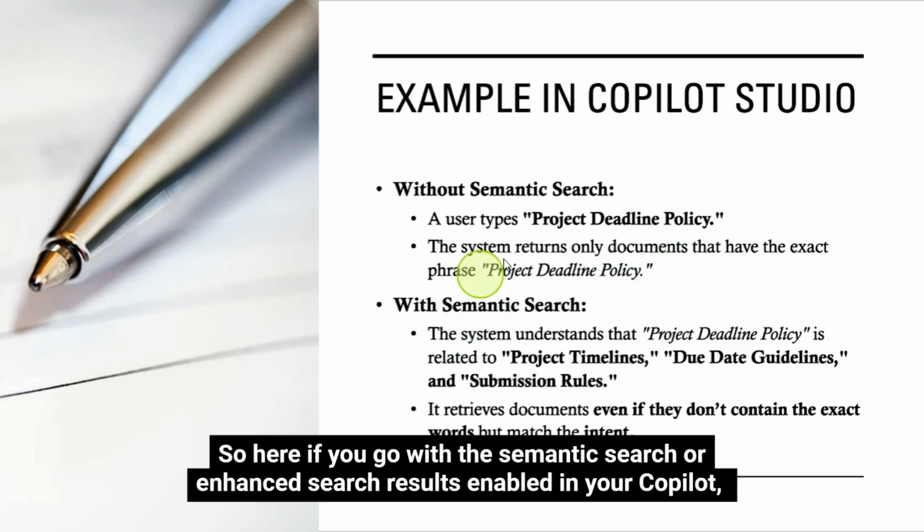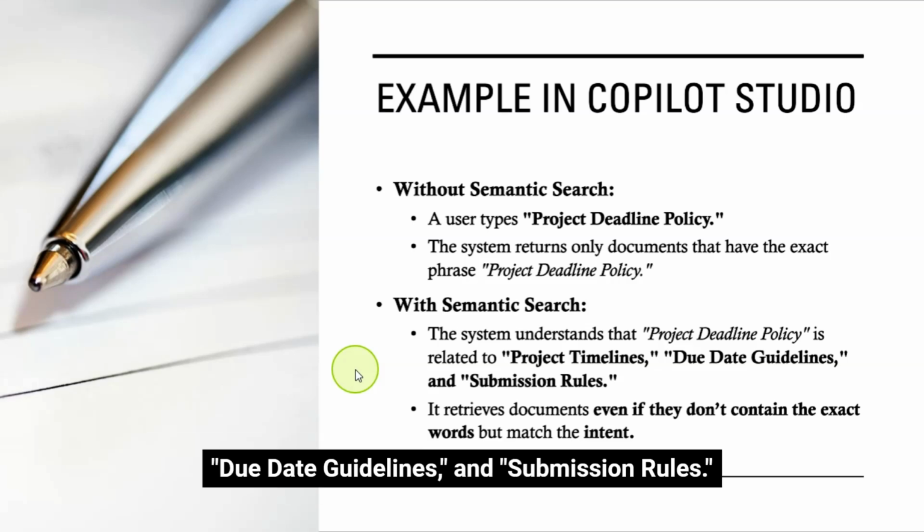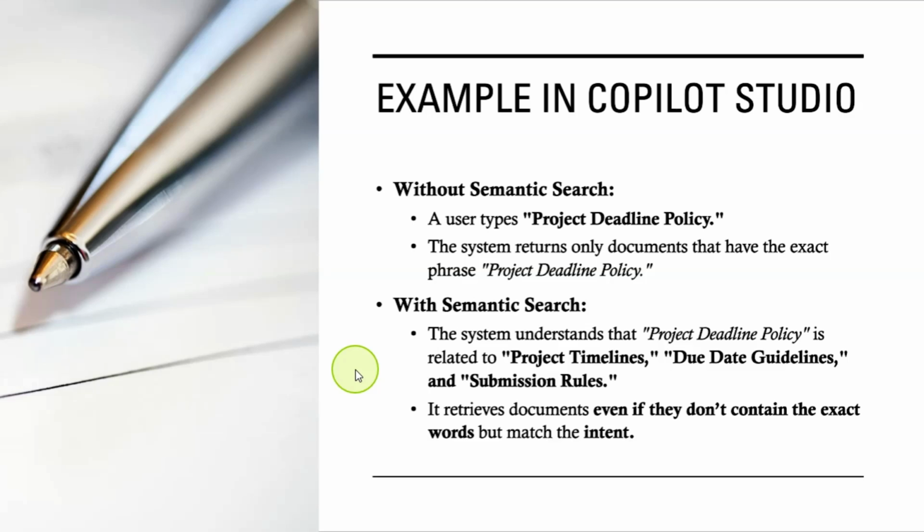Right? So here if you go with the semantic search or enhanced search results enabled in your Copilot, the system understands that project deadline policy is related to project timelines, due date guidelines, and submission rules. It retrieves documents even if they don't contain the exact words, but match the intent.